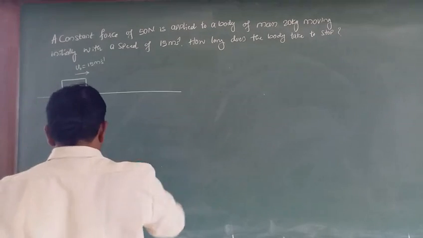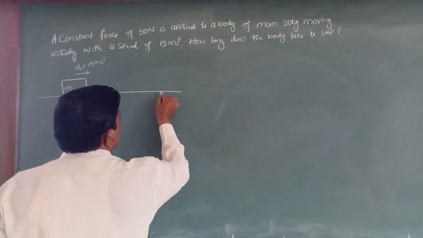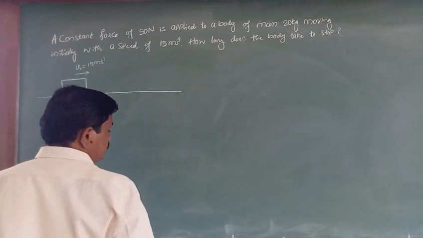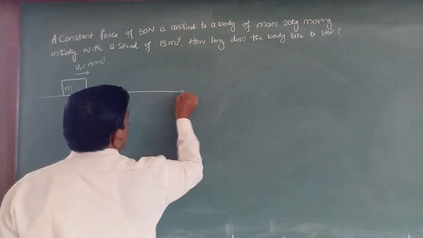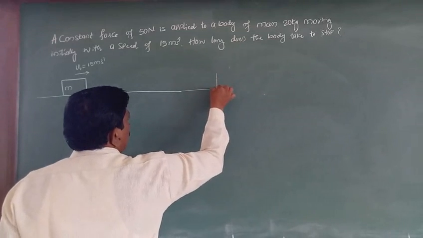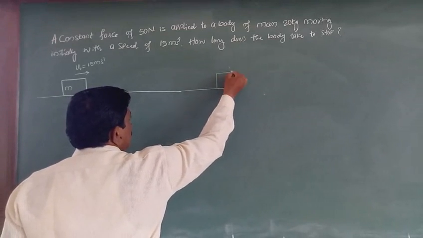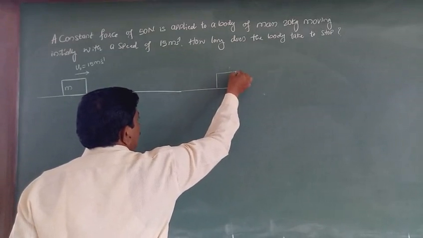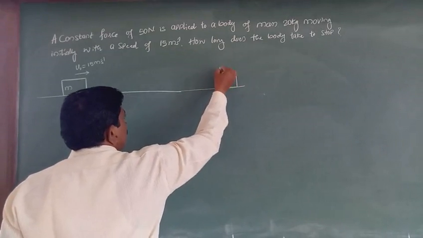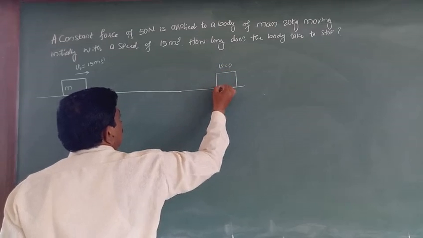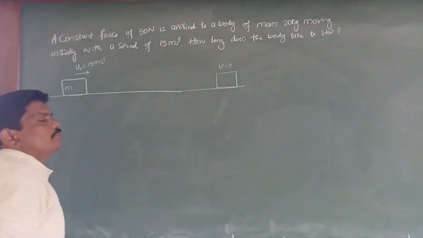Here, how long means how much time it will take to stop the body. So after traveling some certain distance or after some time, the velocity of the body becomes 0.